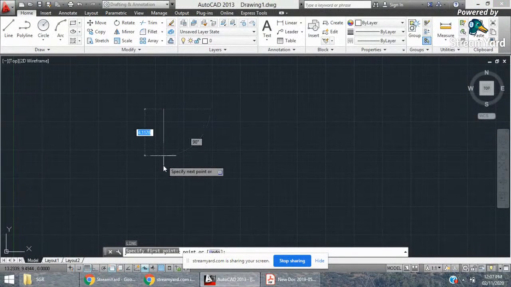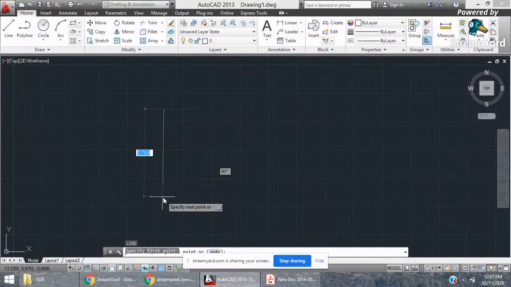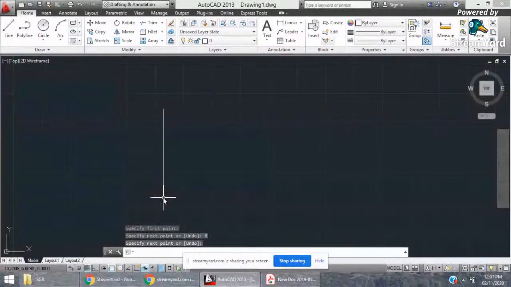Basically you can draw for total scale 1 is to 1, as it is only 8-meter height, and it can be drawn very easily on the graph paper. So I will take 8-meter height. So it is 8 meter height here.